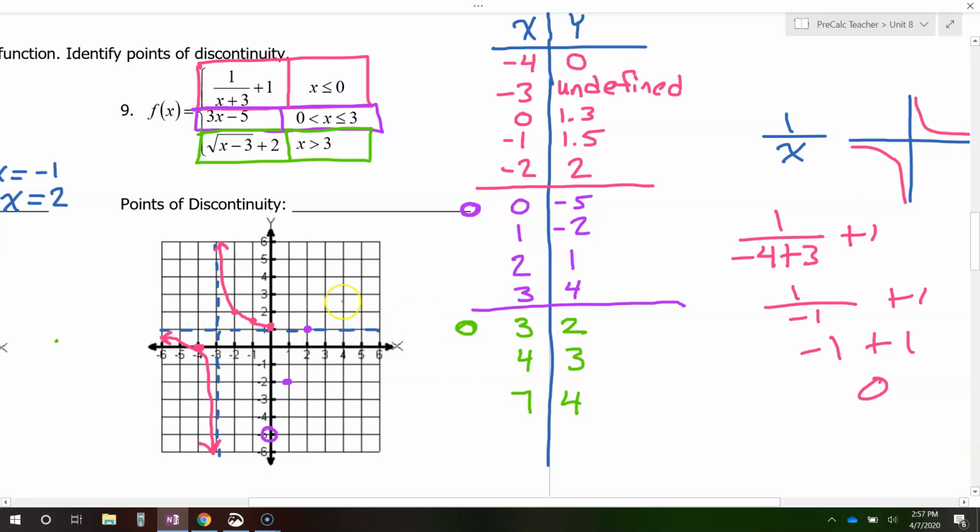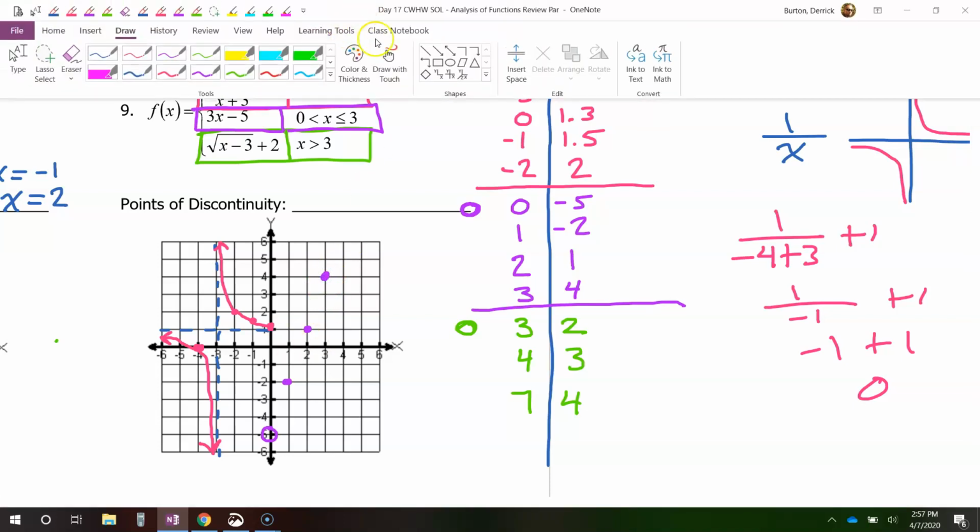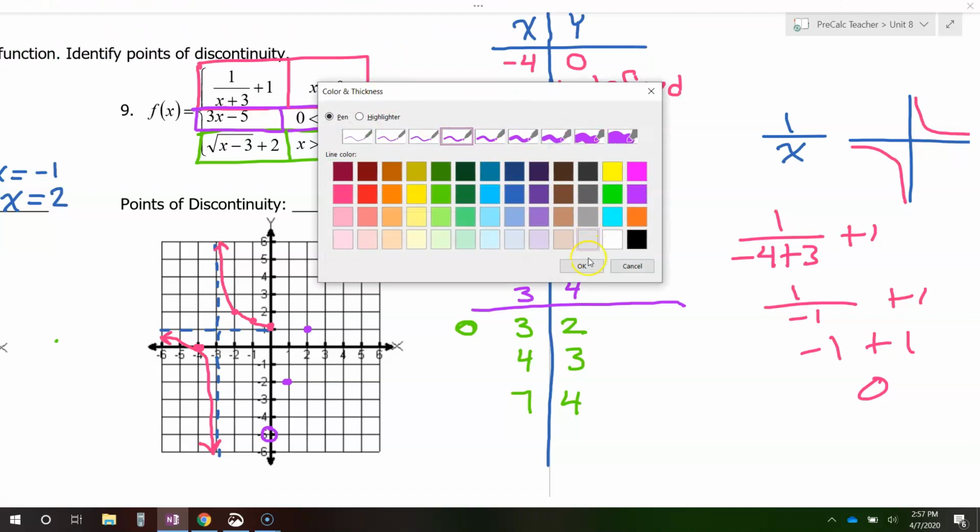Obviously this asymptote has nothing to do with this graph. All right, that was just for the previous part. In fact, maybe I'll erase a little bit of it to remind us that this has nothing to do with anything over here. And 3 comma 4. All right, so that is this piece of the graph.